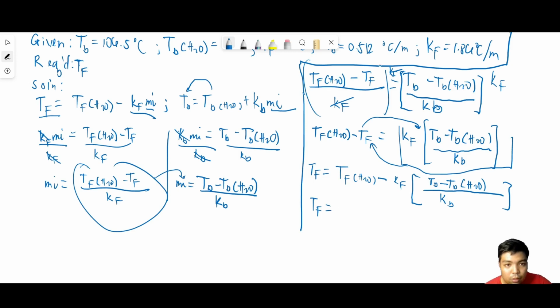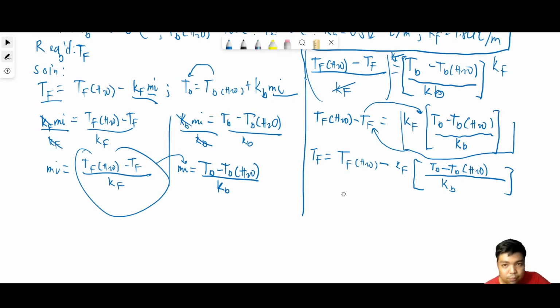So that is equals to 0 degrees centigrade, which is the freezing point of your water. I don't think it's enough. The space is enough. I'll move it up a notch again.